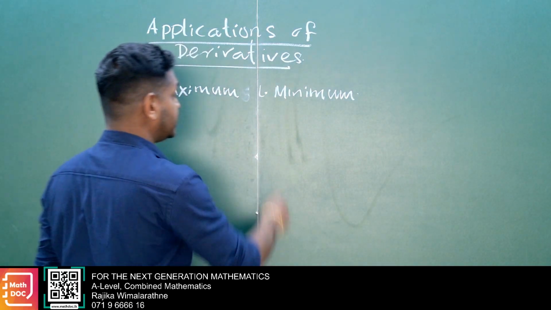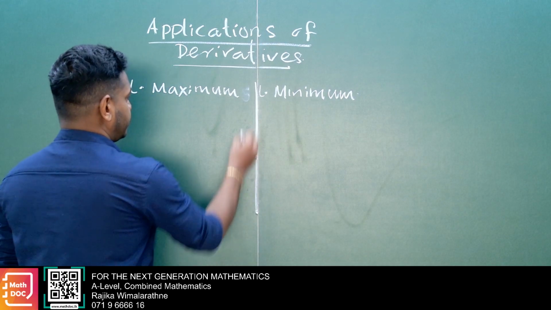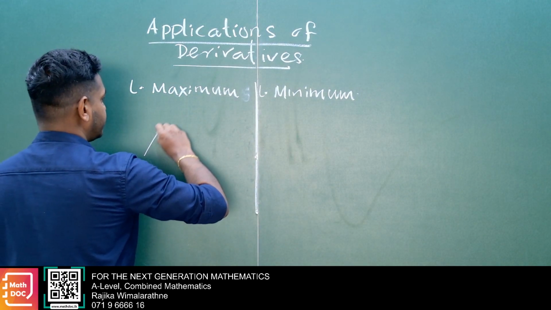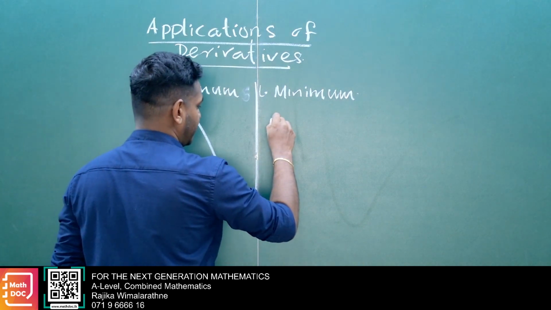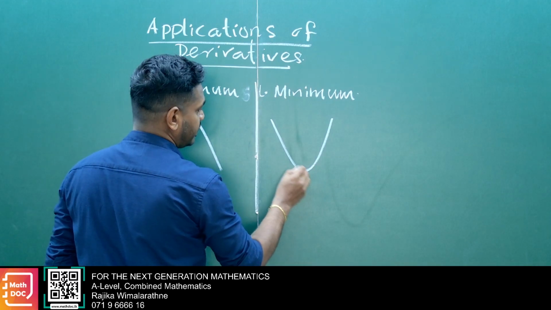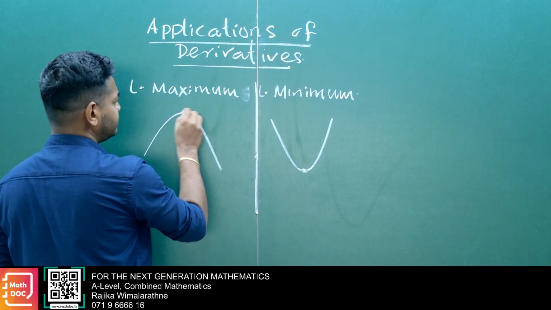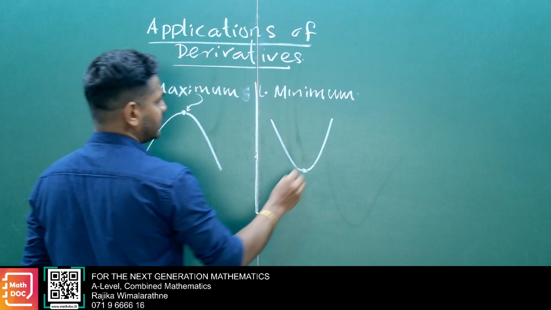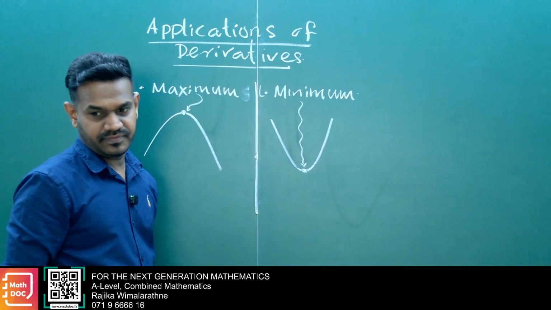Two different things. When you consider this type of graph, we say it is a local maximum type; here this point we say local minimum, and here this point we say local maximum.